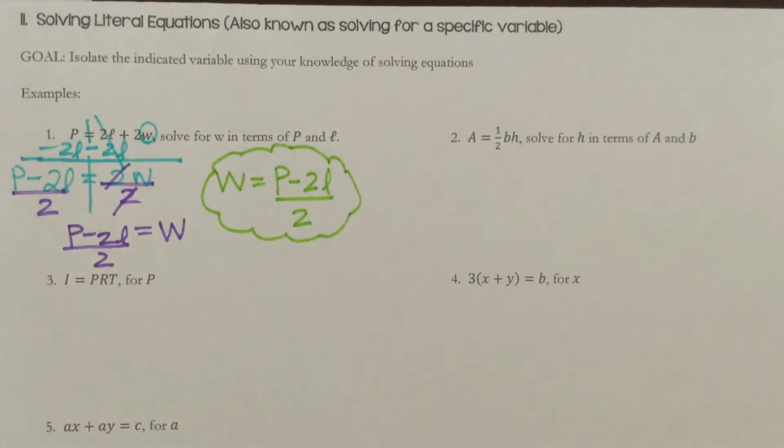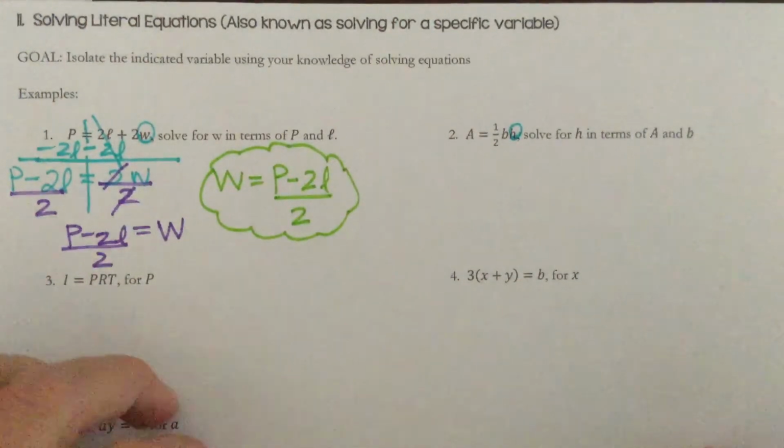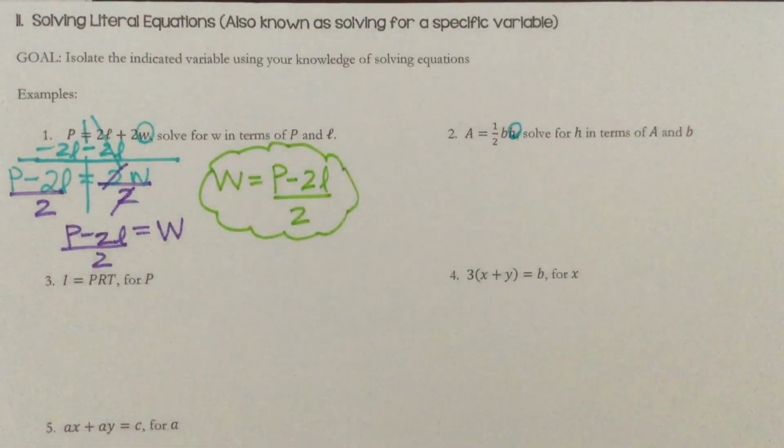This time we want to solve for H in terms of A and B. This means that we want to get H by itself, knowing that A and B are still going to be in our problem. Thinking about our 6 steps, there is nothing to distribute. The next step says we should eliminate fractions and decimals. I have a fraction of 1/2, so I am going to multiply by the least common denominator.